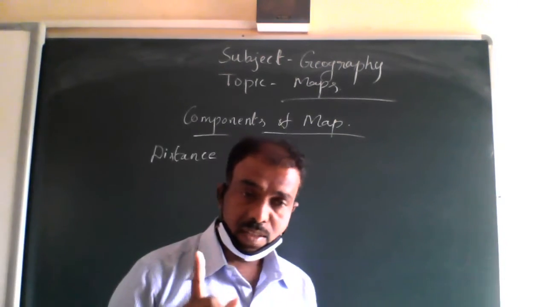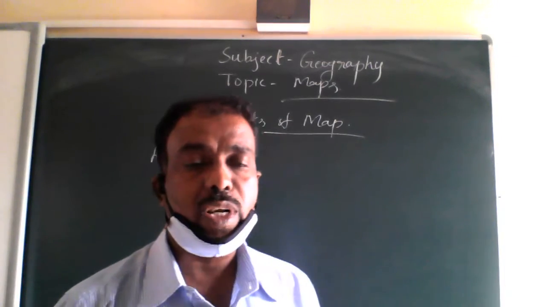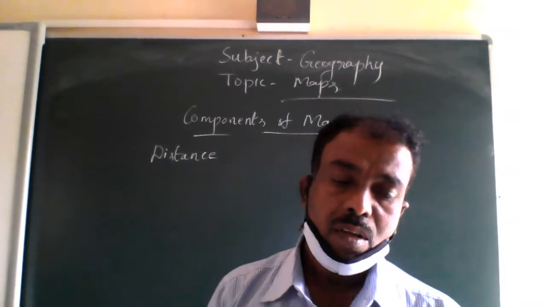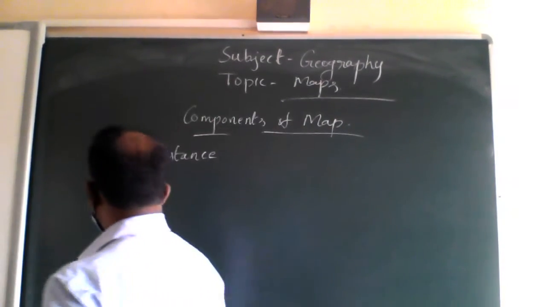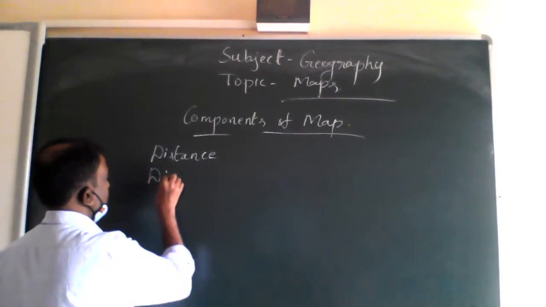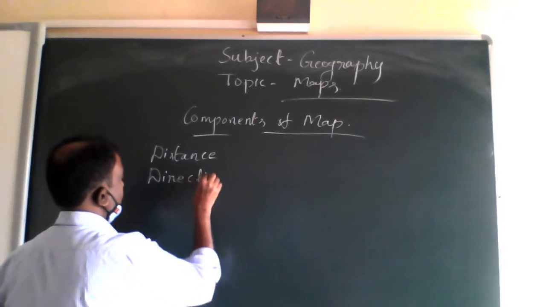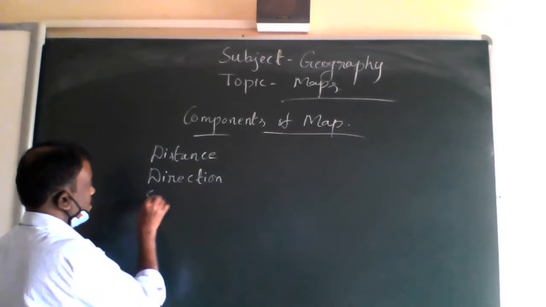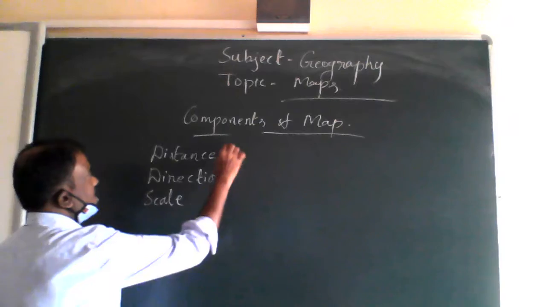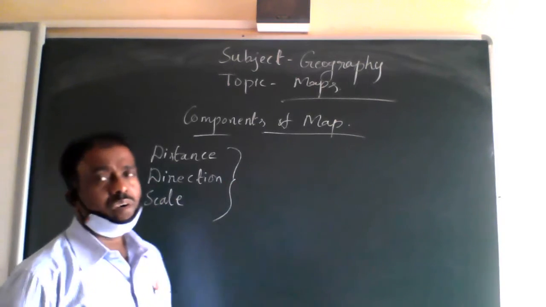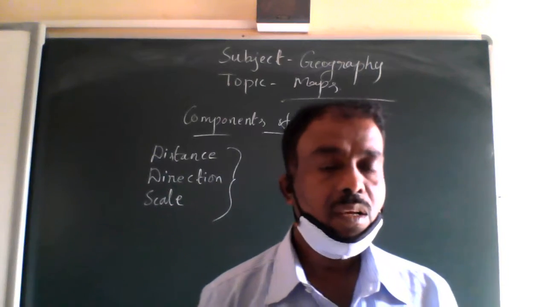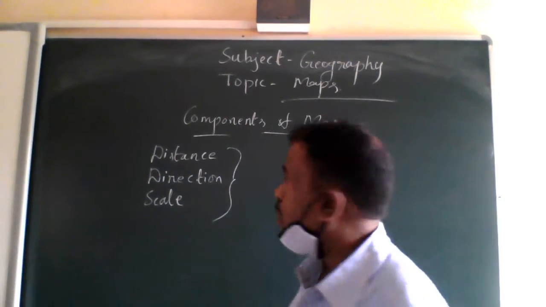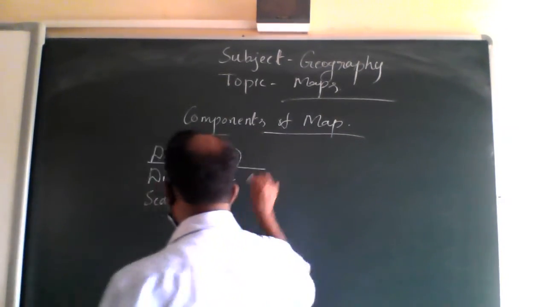Distance is the first and foremost important component of maps. And also, dear students, direction and scale. These three are the major components of maps. Now let us discuss more about distance.